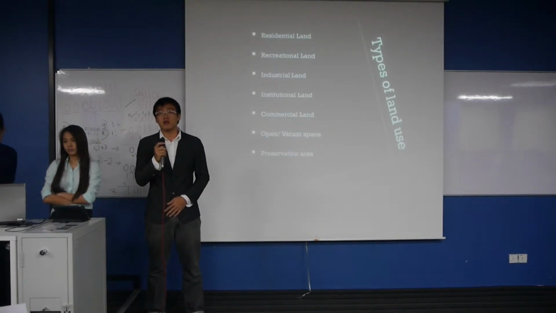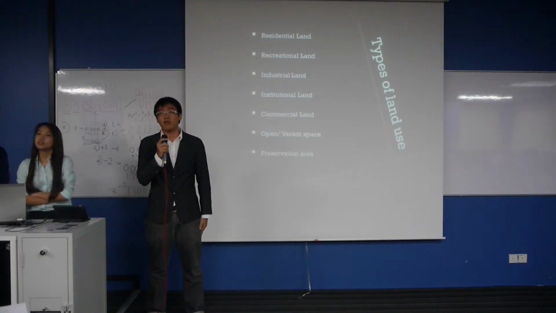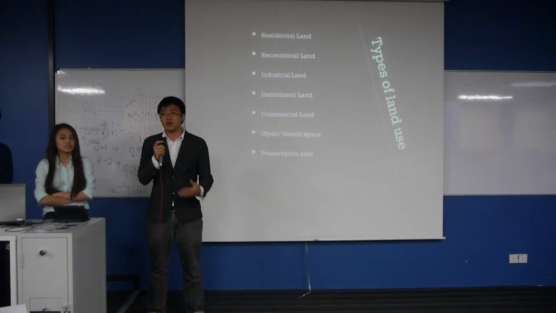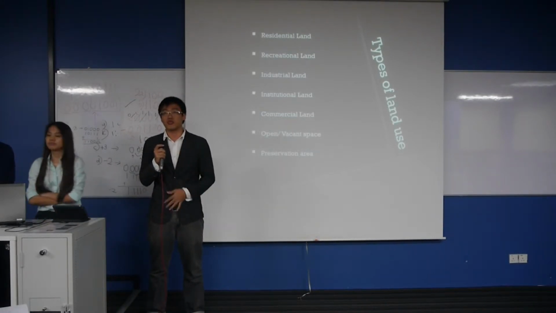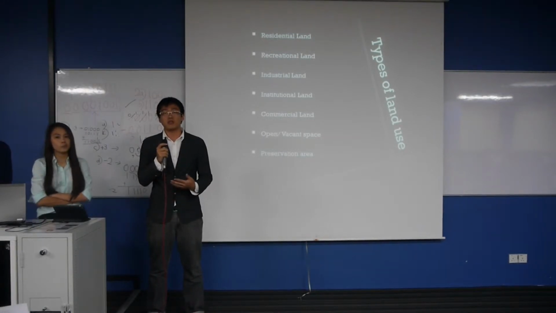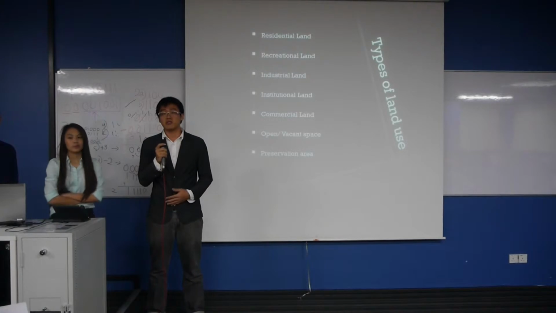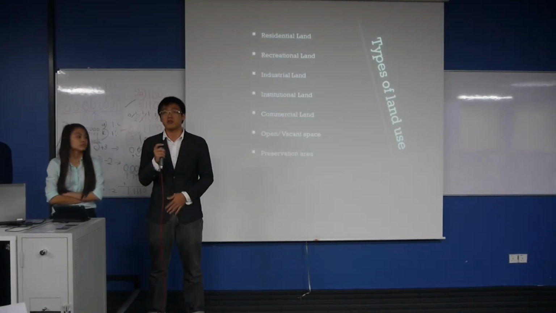Then the next is open and vacant space. This is actually a free area. You can design any type of drawing there. Then the last one is the preservation area. Preservation area is the place that cannot be touched because it's preservation.